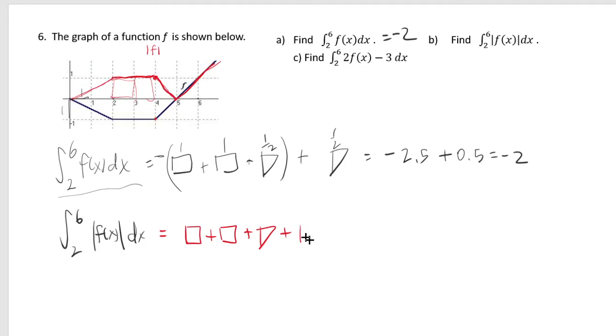So let me change how it looks. It should be more like this. Okay. So like that, and this plus this gives you 1. So 1 plus 1 plus 1, that's going to be 3. So that's the answer to part B.